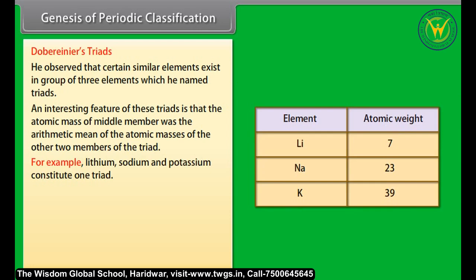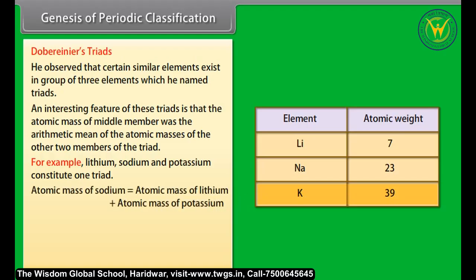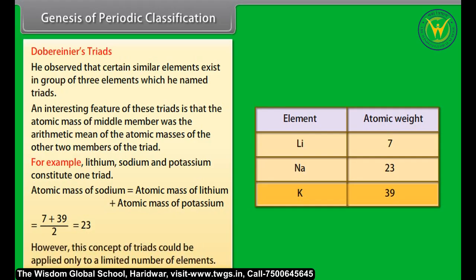For example, lithium, sodium and potassium constitute one triad. Atomic mass of sodium is equal to (atomic mass of lithium plus atomic mass of potassium) by 2, which is (7 plus 39) by 2, equal to 23. However, this concept of triads could be applied only to a limited number of elements.